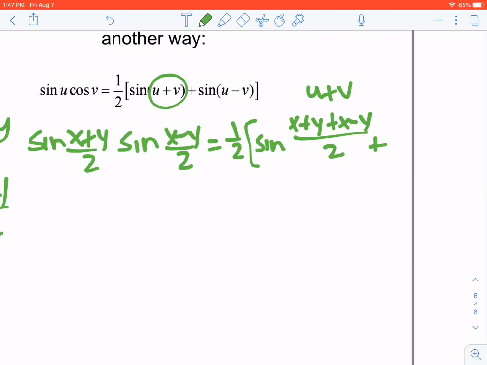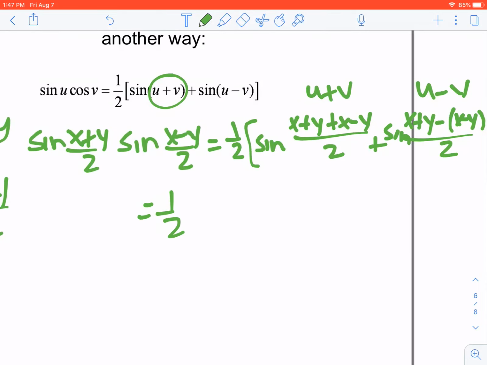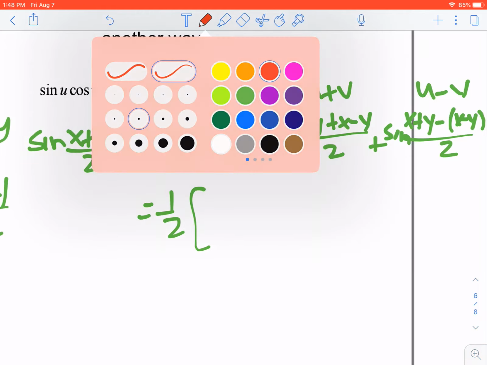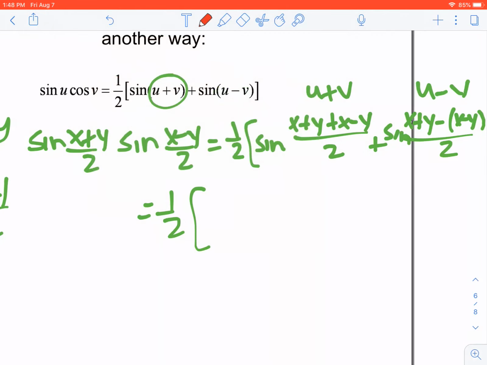Then if I do u minus v over here, we have x plus y minus (x minus y) all over 2, and that is going to come behind a sine.